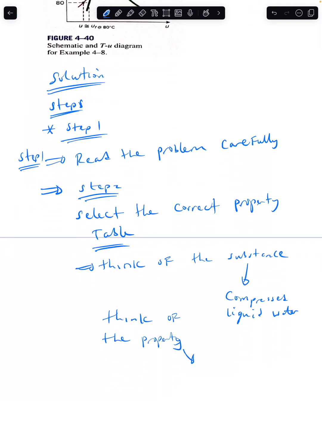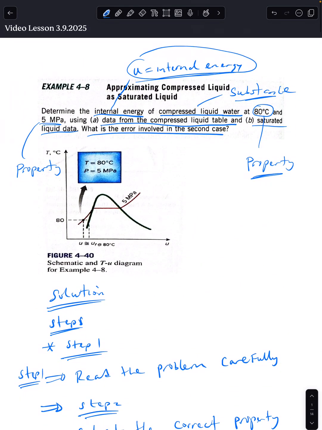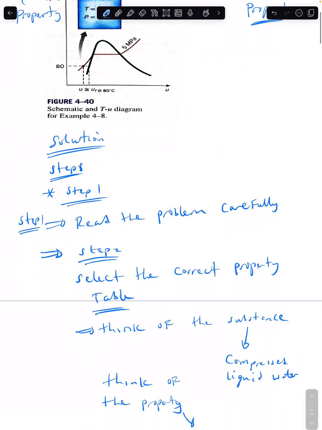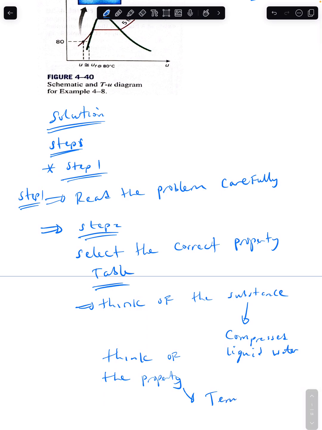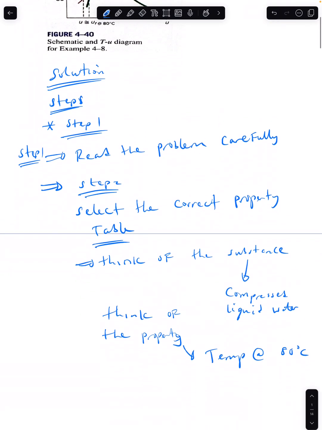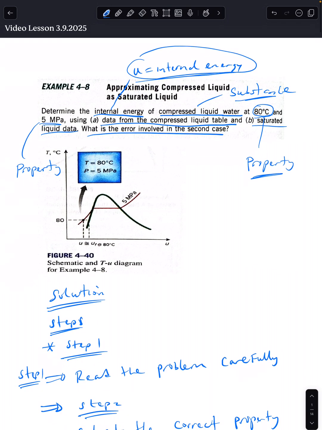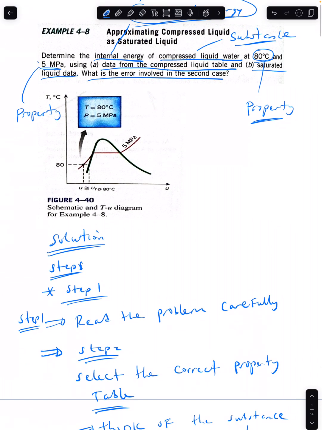In this case we have temperature at 80 degrees Celsius and pressure at 5 megapascal.